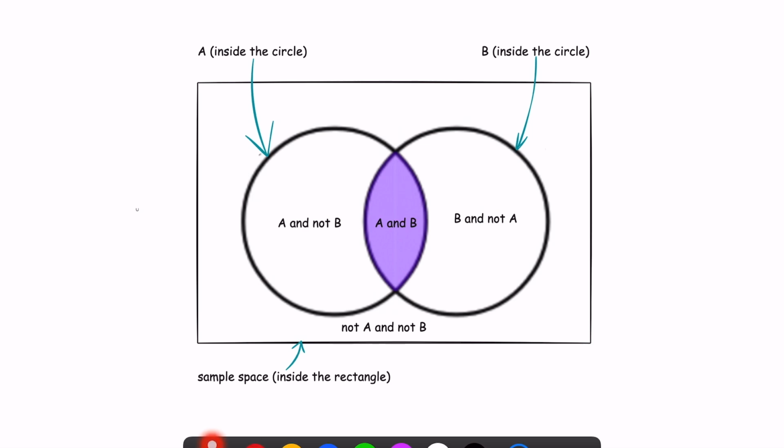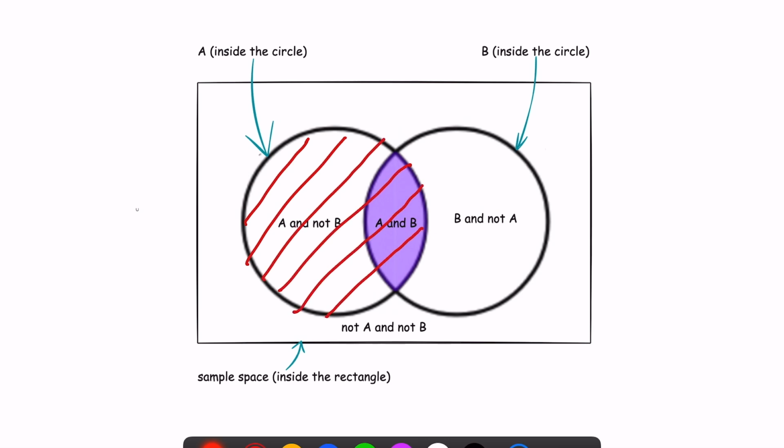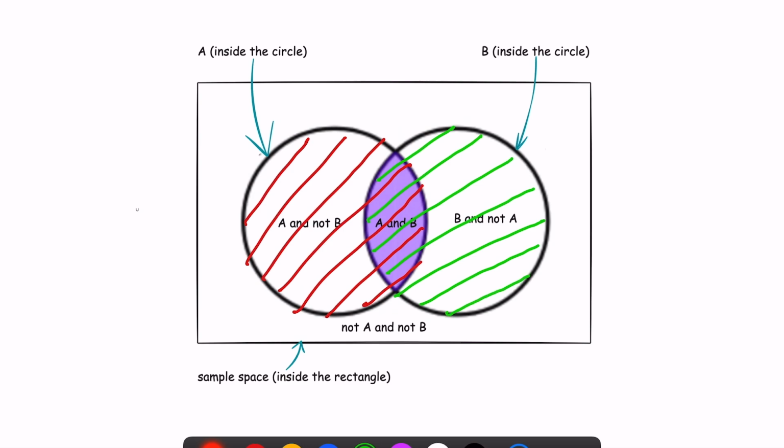So this is A, this is B. This part is A but not B. This part is B but not A. And this part is A and B, right?